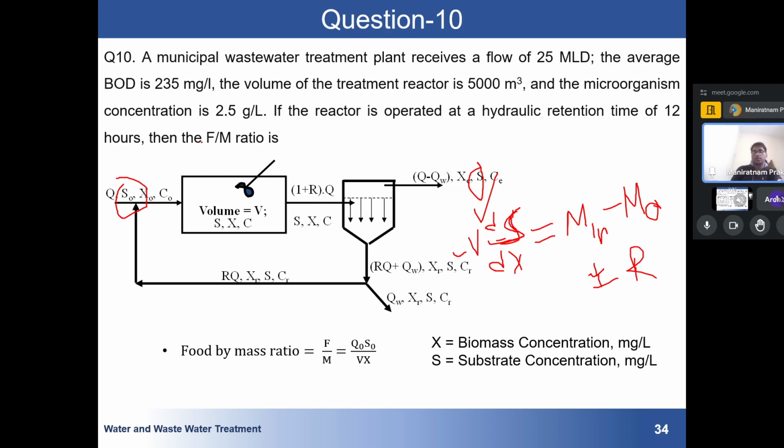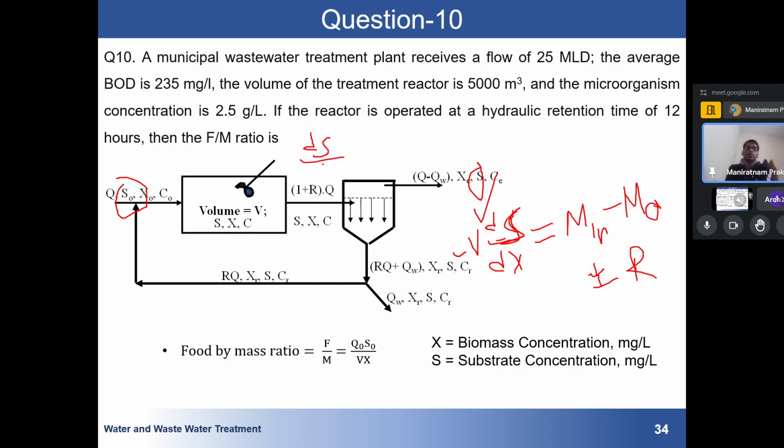If you remember the first slide, all the biological growth, whether it is decreasing or increasing, is happening by first order reaction.